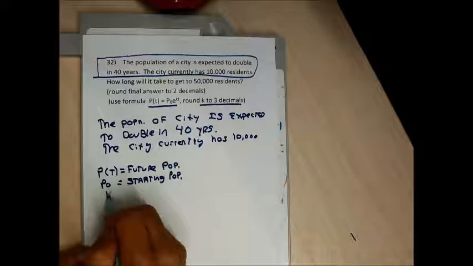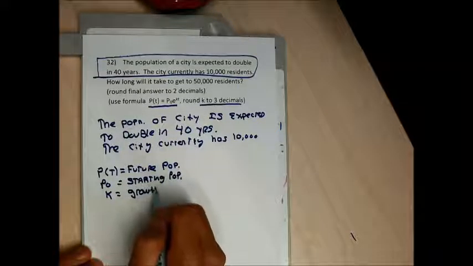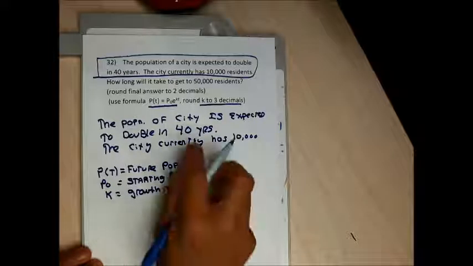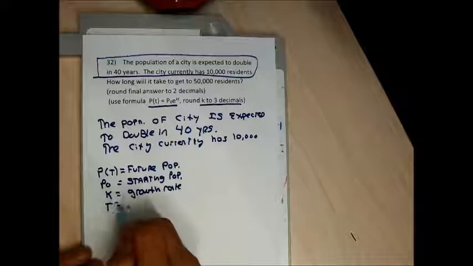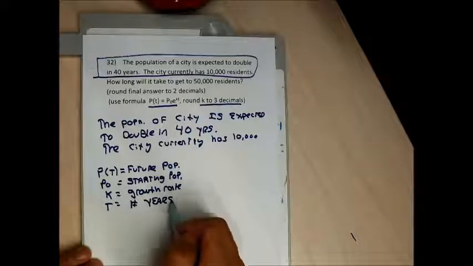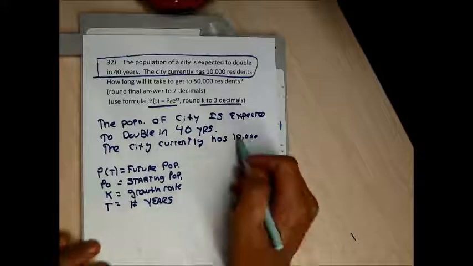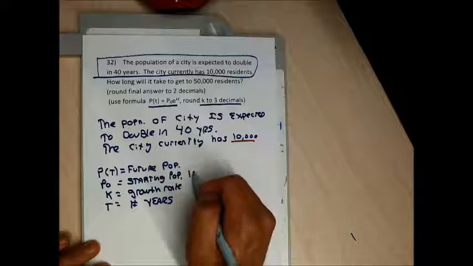The k, instead of being an interest rate, it's the growth rate. And the t is the number of years. So what I'm going to do is use the first two sentences to get a value for k, then I'm going to round to 3 decimals. So in for the future population, in for the current population, I'm going to plug in 10,000.